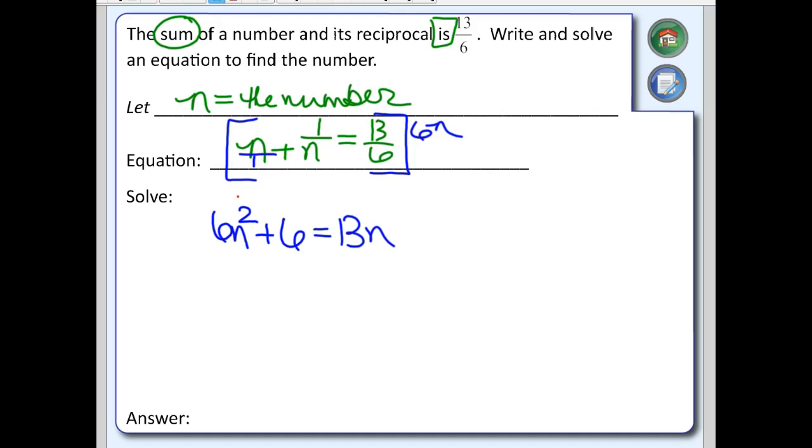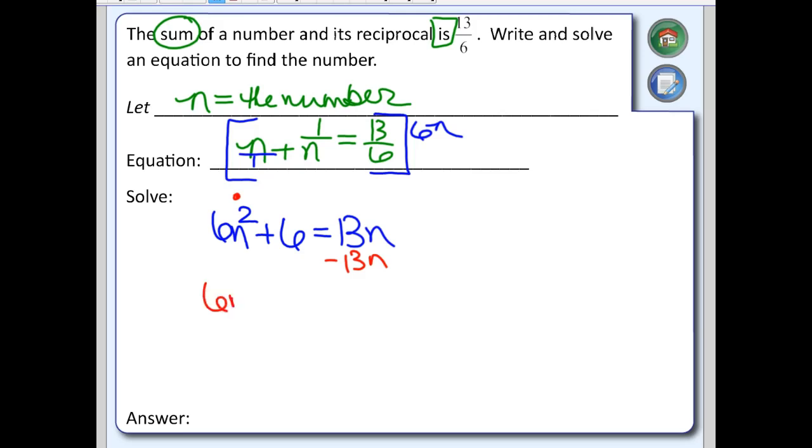We've got n squared. Okay, so in order for me to solve a quadratic equation, remember, it's got to be in standard form. Is that in standard form? No way. And it equals 0. So, hopefully you realize we're going to have to subtract 13n.